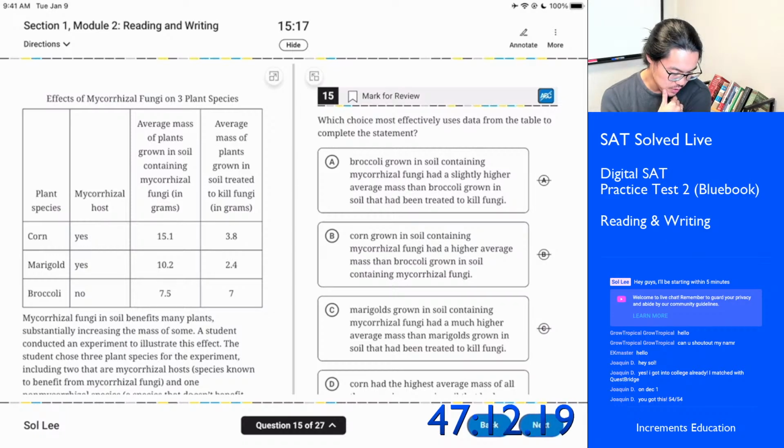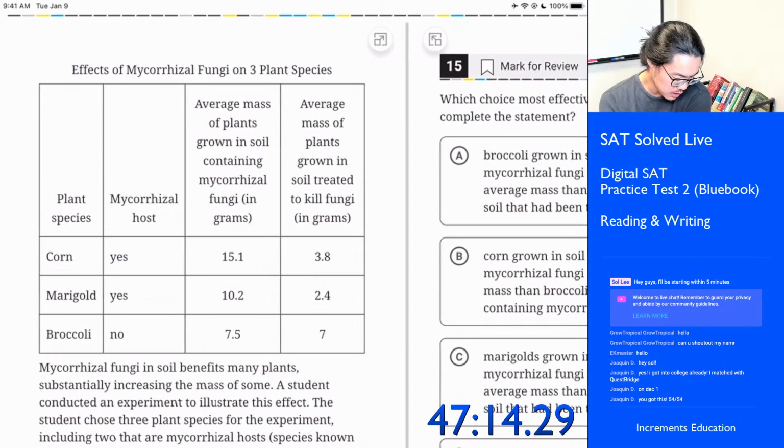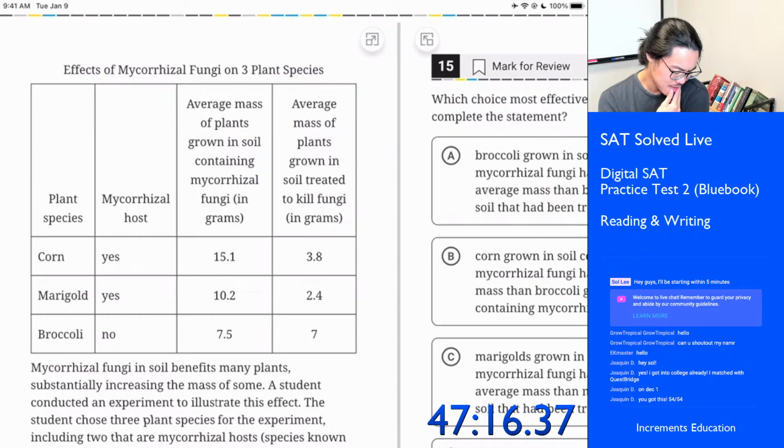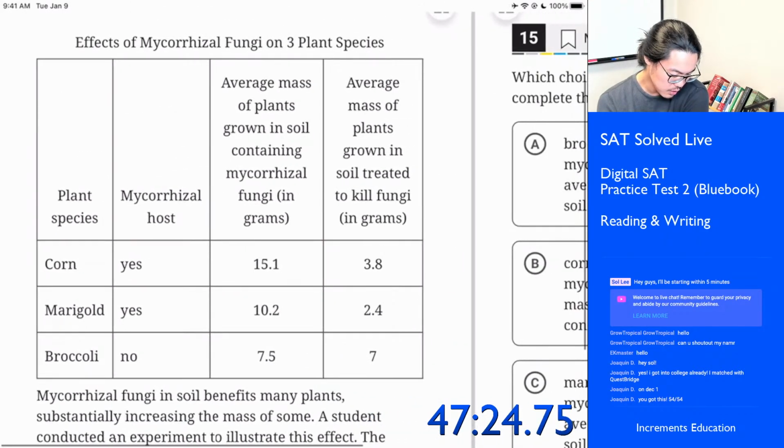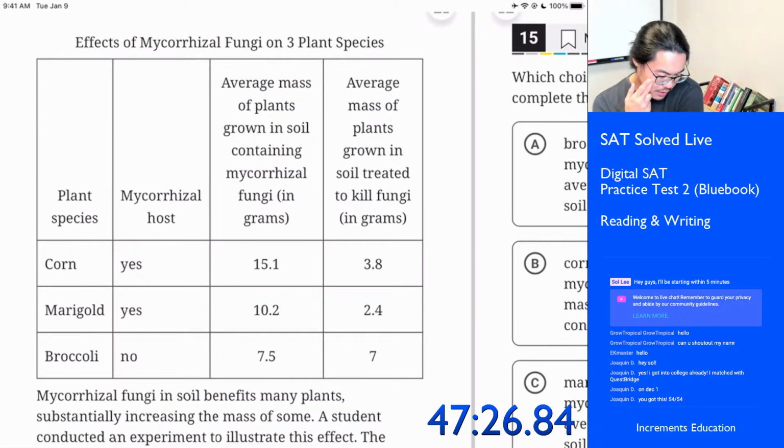Mycorrhizal fungi. What's going on here? Effect of the fungi on 3 plant species, and when they had the mycorrhizal host, something was higher. The mass of the plants grown was higher. In soil treated to kill fungi, it was lower.